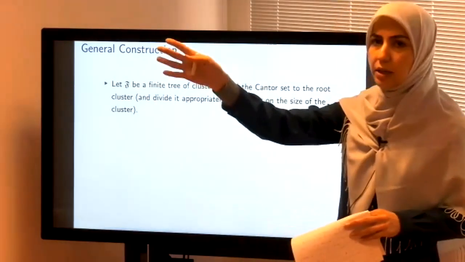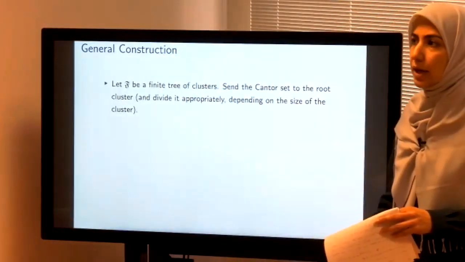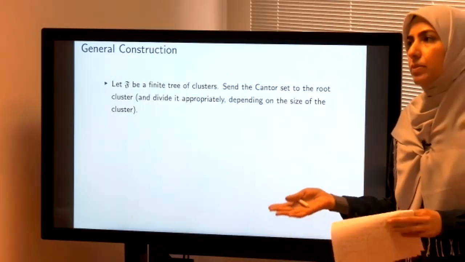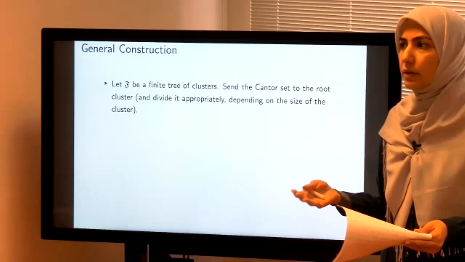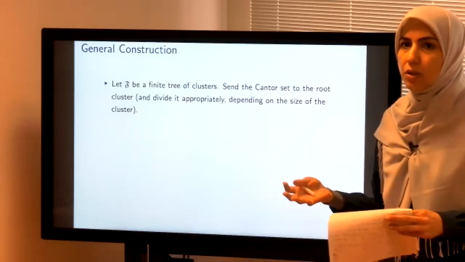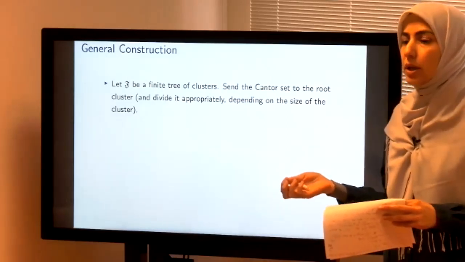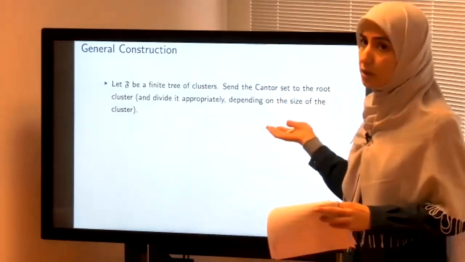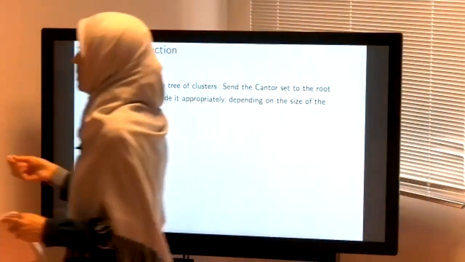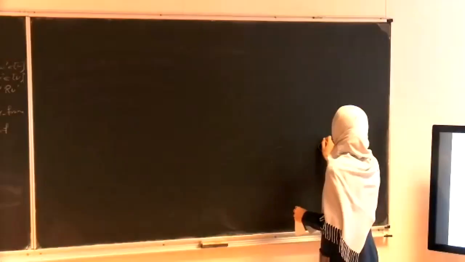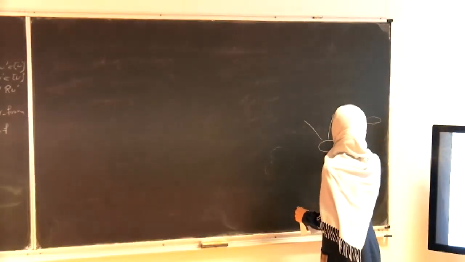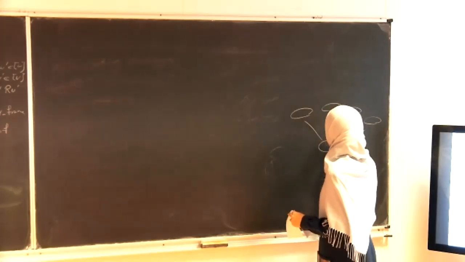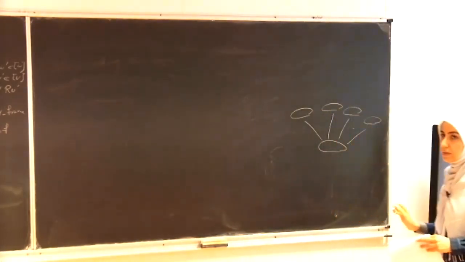As we said, if we have some reflexive transitive frame, we can define a frame from that which is a tree. So we can assume that F is a tree of clusters. For example, it has some shape like this. Each of them is a cluster.